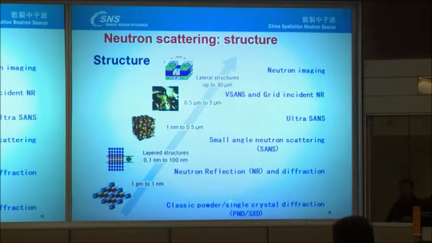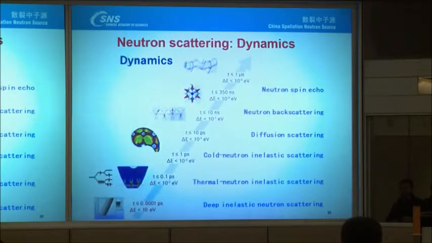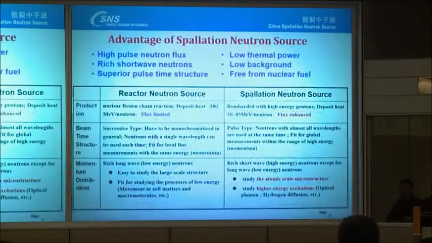Finally, use powder diffraction for the picometer and nanometer. This also shows different dynamics, the time scale and the energy transfer for the different regions. You will use different neutron scattering techniques to study the dynamics of the matter. So those show how very powerful it is.